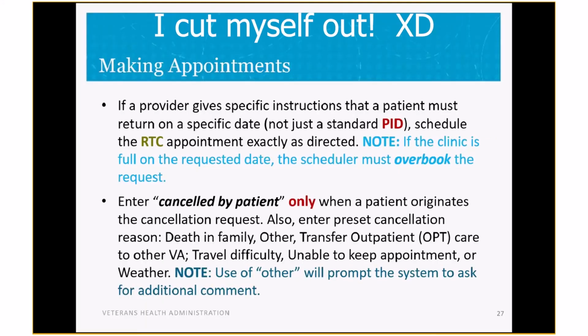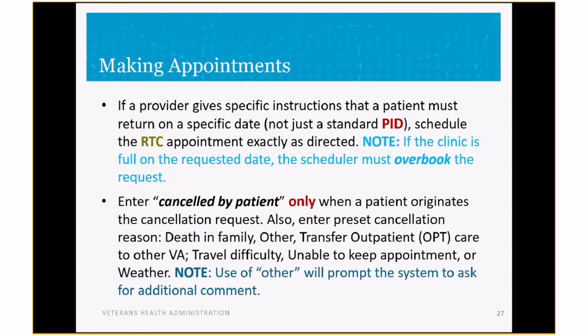Another requirement of Directive 1230 is that we only enter cancel by patient when the patient actually originates the cancellation. So what that means is, short of a patient calling and saying, I'm not coming to my appointment, everything should be canceled by clinic. Appointments are only canceled by patient when the patient calls in and says, I'm not coming to this appointment.